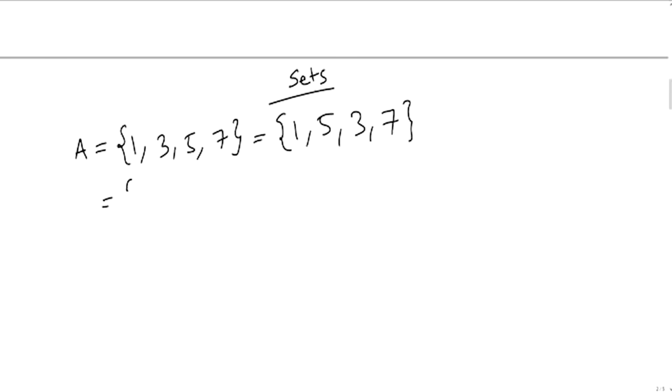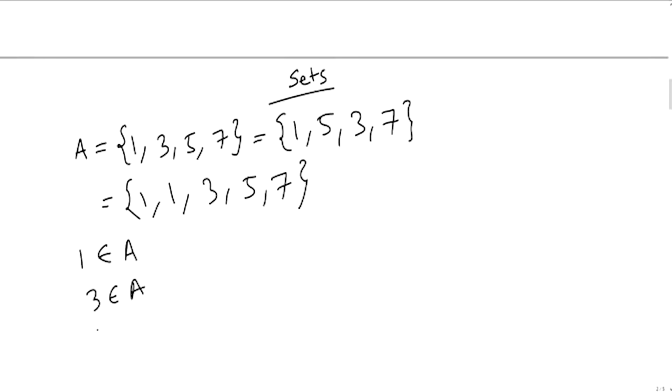Second, you can repeat elements. Even if you write 1, 1, 3, 5, 7, it is still a set containing 4 elements: 1, 3, 5, 7. It doesn't matter if one is repeated. Now there are certain statements you can make: 1 belongs to A, or 1 is an element of set A. Similarly, 3 is an element of set A. Is 4 an element of set A?